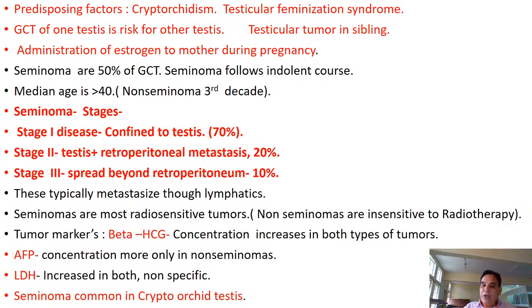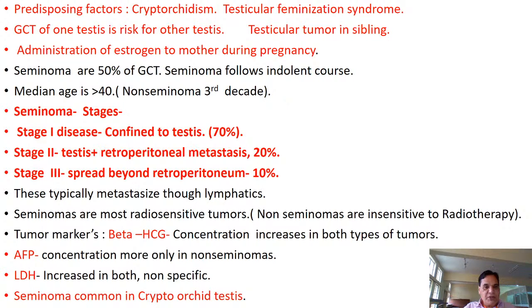Whenever a testicular tumor occurs in a sibling, that means a brother, the other brother stands a chance of developing the tumor. Whenever estrogen is administered to the mother during pregnancy, this also increases chances of GCT in adult.